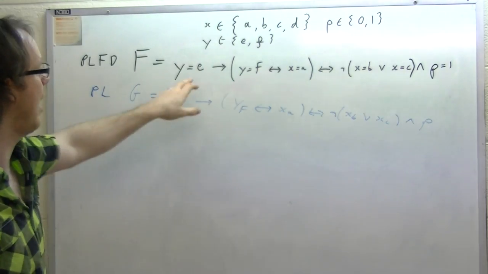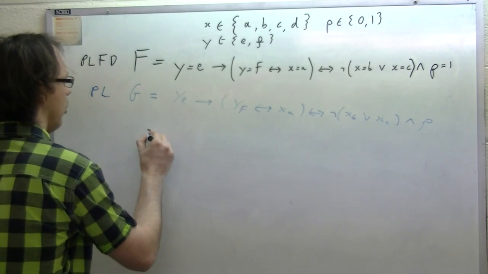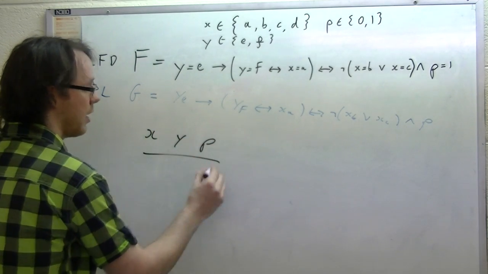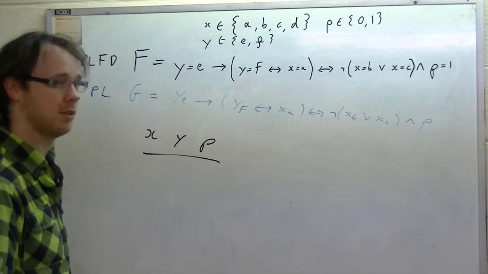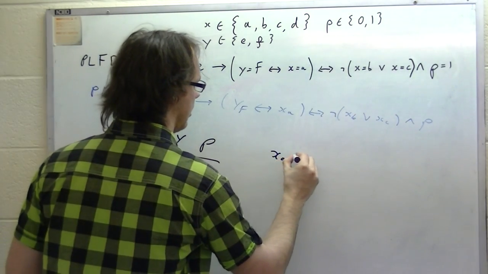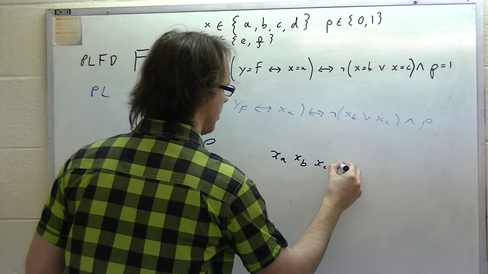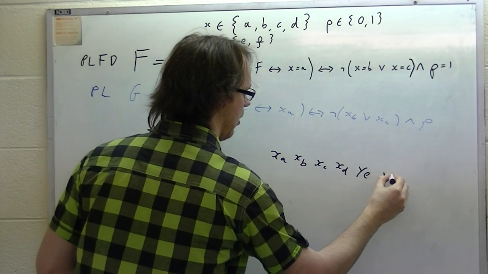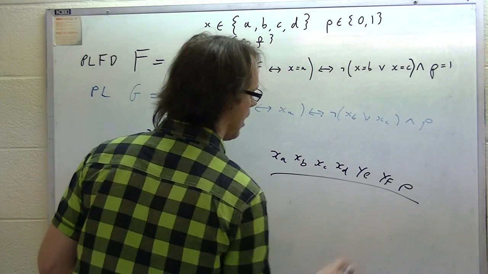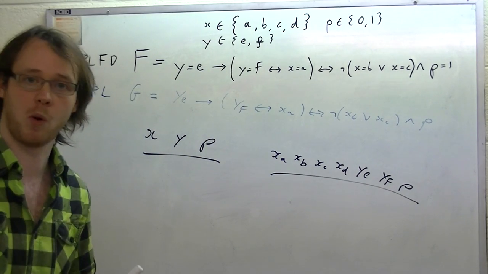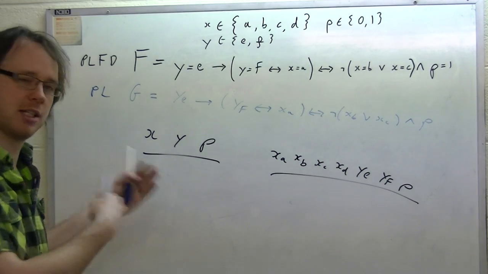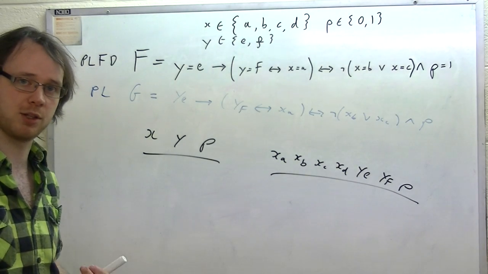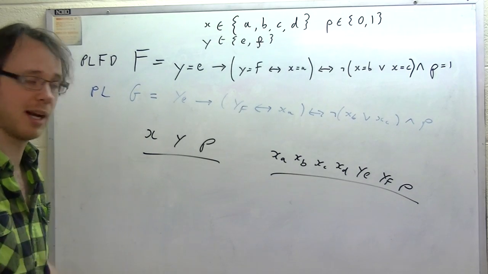An interpretation of F defines for x, y, and p a value from their domain, and a model for G defines for xa, xb, xc, xd, ye, yf, and p a truth value, 0 or 1. So we need some kind of translation between the two, but we can do that because we're clever people.